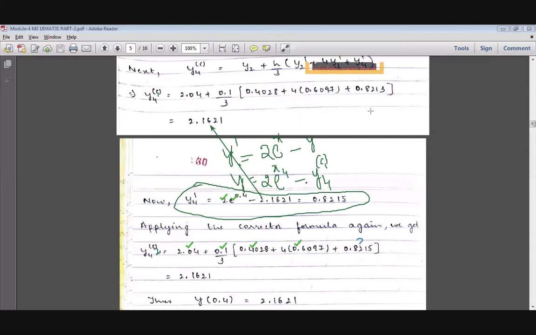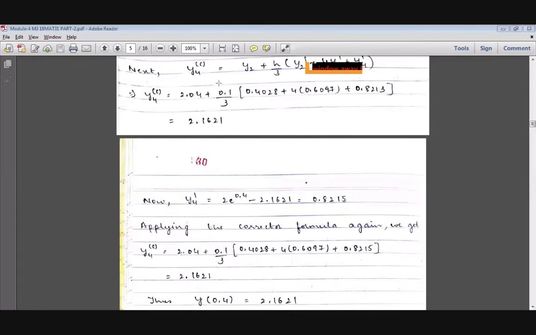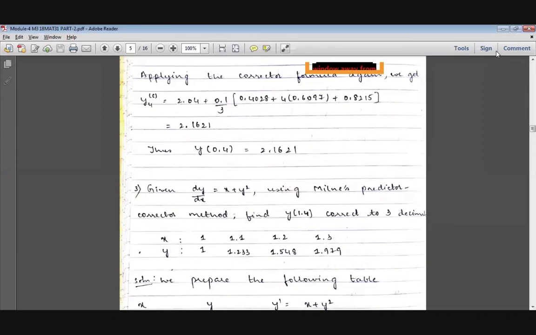Okay, that is the only change. So calculate this, you will get y of 0.4. Understood? Applying corrector formula twice. Understood or not?